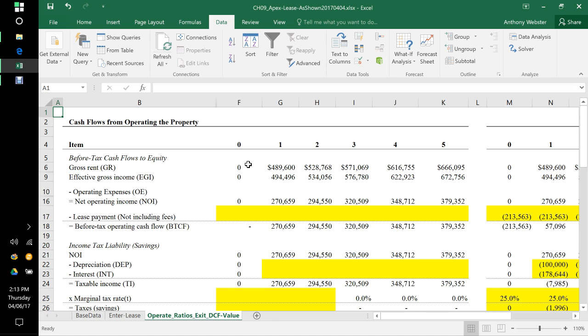So for operating the property and exiting, we've got everything we need on this page as previously stated.